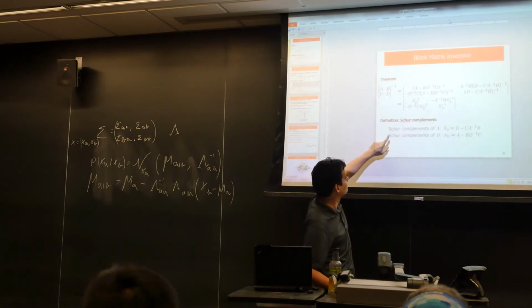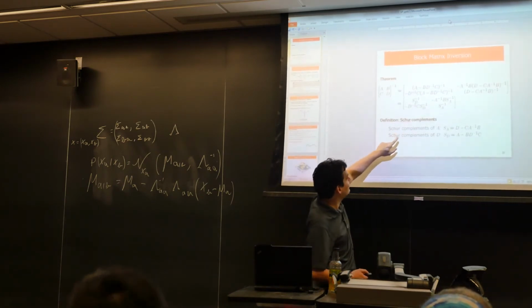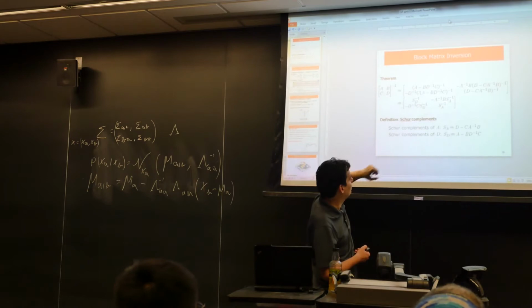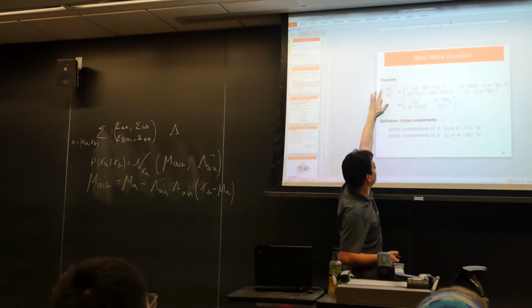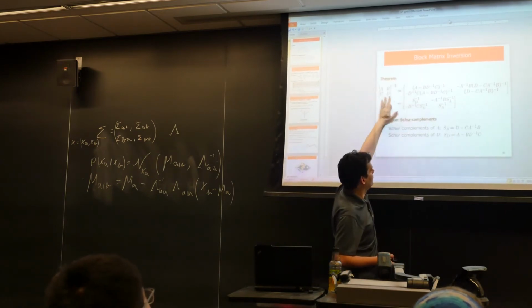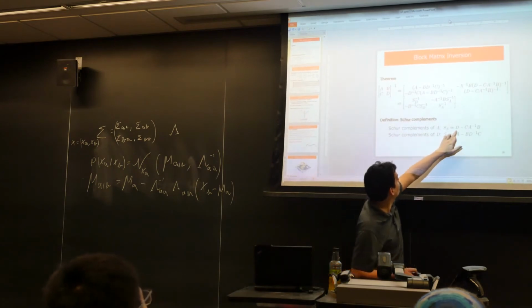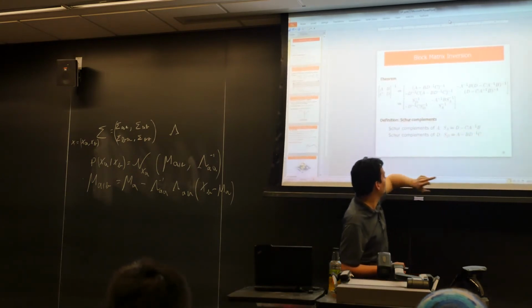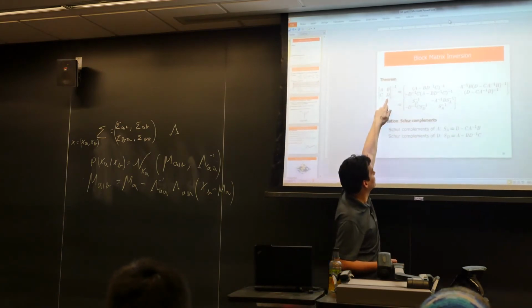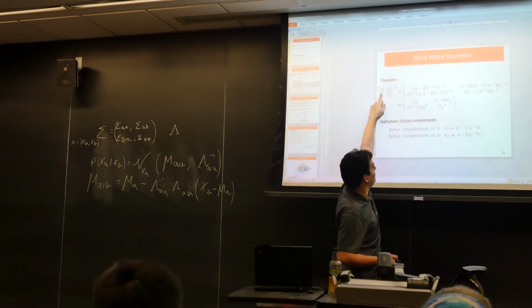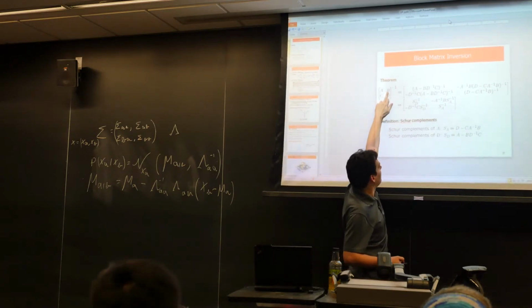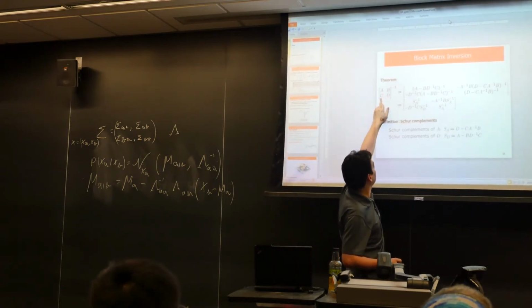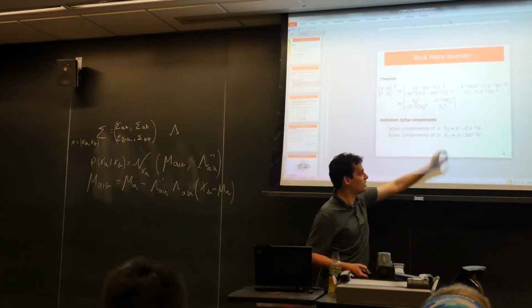We say that the Schur complement of block A is defined with this expression: D minus C times A inverse B. And analogously, the Schur complement of D is A minus B times the inverse of D times C. Okay, so these are the definitions.